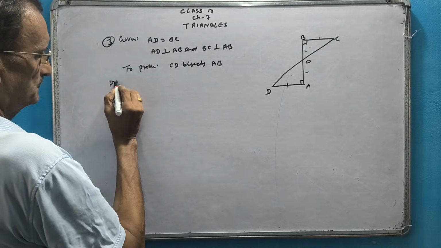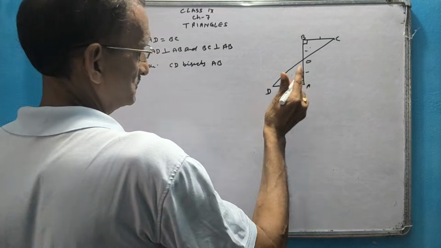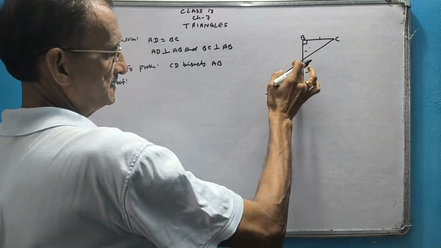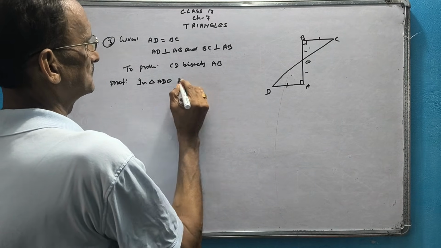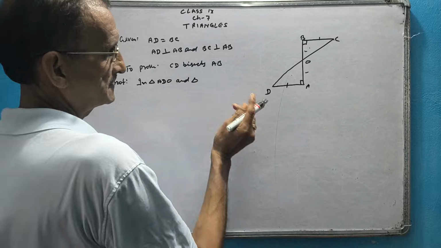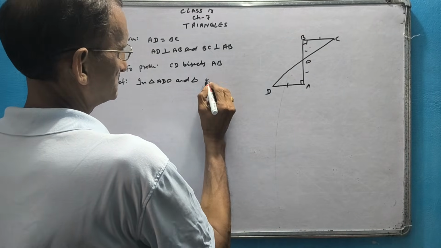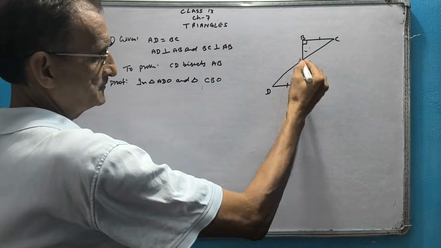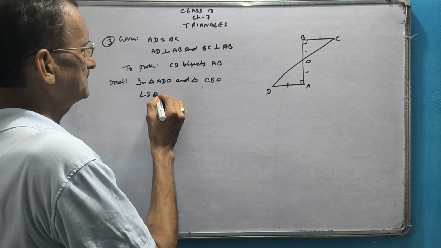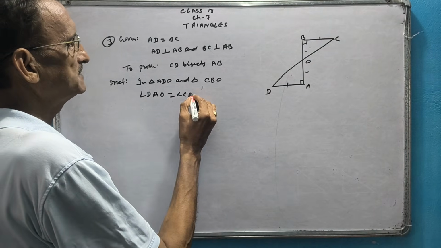So start now the proof. In triangle ADO and triangle CBO, we have angle DAO equal to angle CBO.